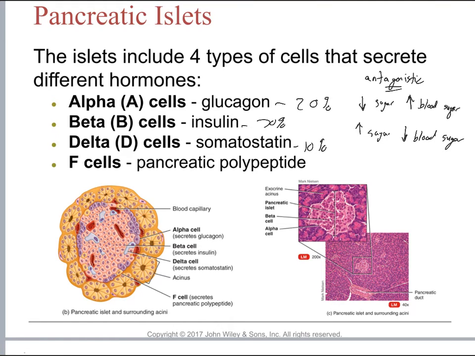Their job is to make pancreatic polypeptide. So these account for a little less than 5% of the cells in the islet. So we say, well, what is pancreatic polypeptide? The function of pancreatic polypeptide is to self-regulate pancreatic secretions. Now, this is going to self-regulate both the endocrine and exocrine, okay?